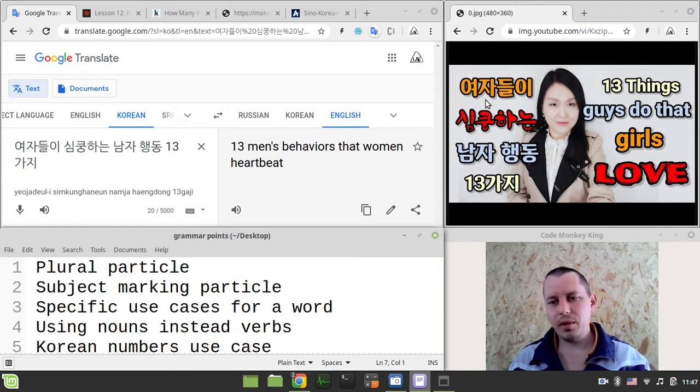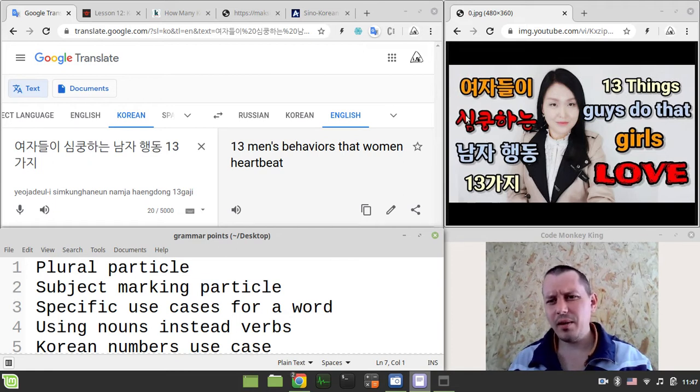And yeah, I'm sorry, I'm not reading well when I'm reading this for the first time, or even before ten times reading this. So, 여자들이 심쿵하는 남자 행동 열 가지. Okay, so here it is.